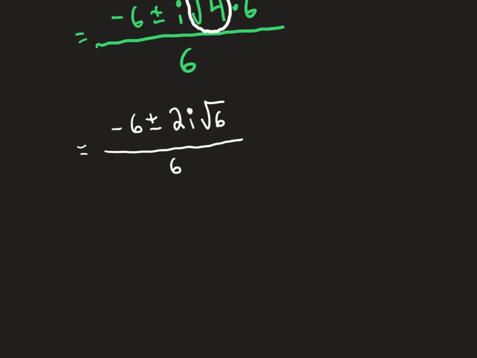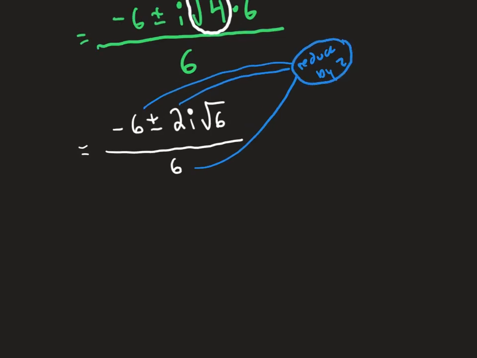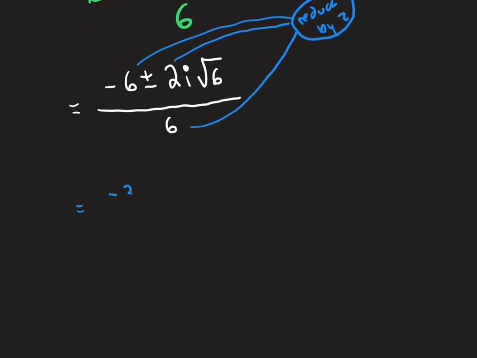And at this point, you'll want to reduce those if you can. The 6, the 2, and the 6, you can all reduce by 2. So we've got negative 3 now. 6 divided by 2 is 3. Plus or minus. If you reduce 2 by 2, you get 1, so 1i square root of 6, not reducing inside the radical, just outside the radical. And then on bottom, if you reduce 6 by 2, you get 3.